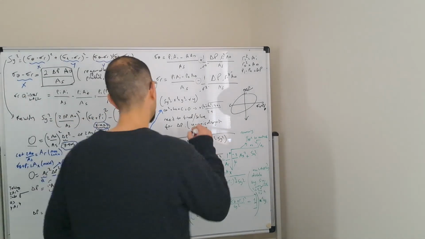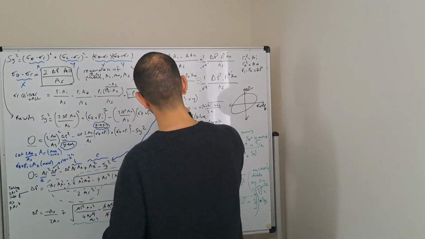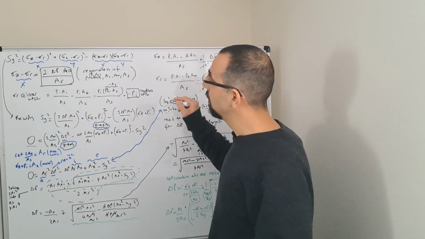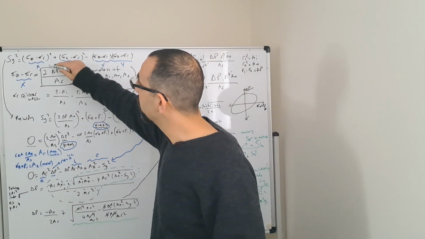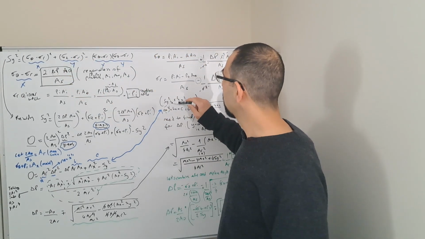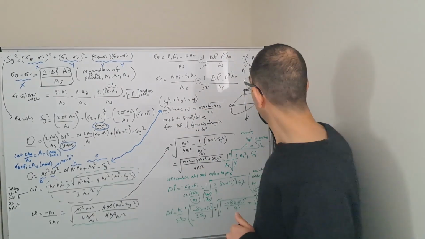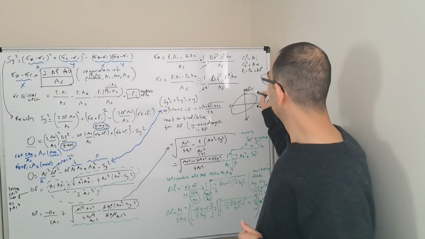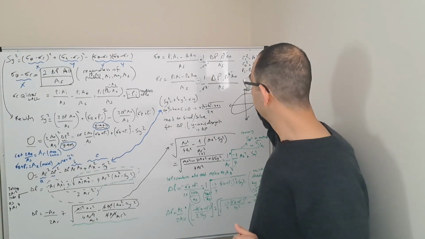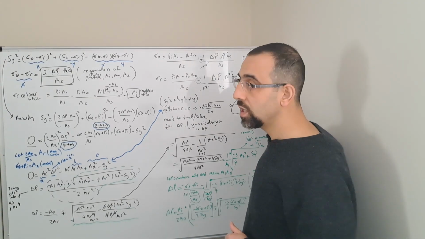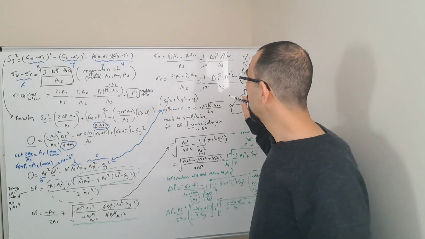So why do we want to find x? Because x for us is the delta p over here. Why do we want to find delta p? Because we want to plot the corresponding value of delta p.